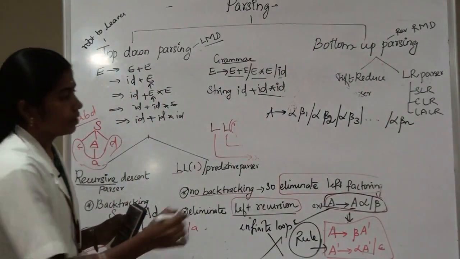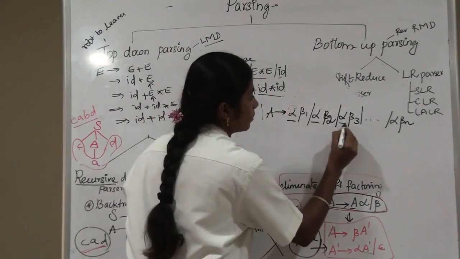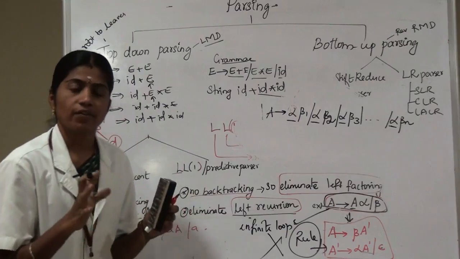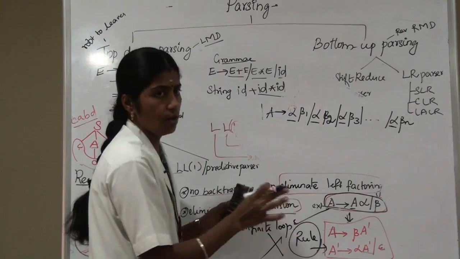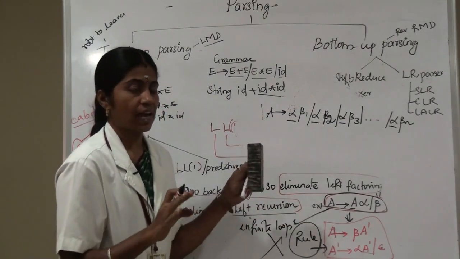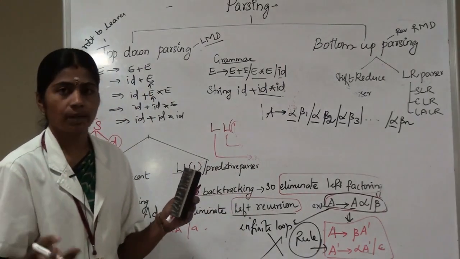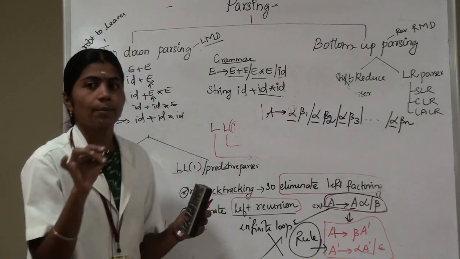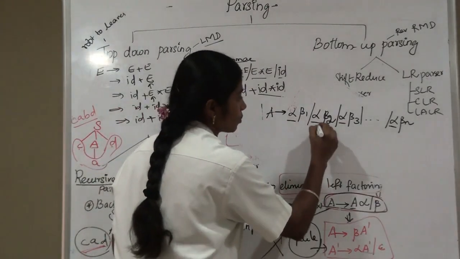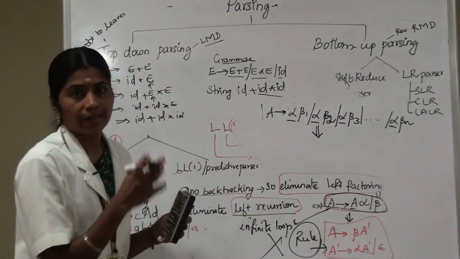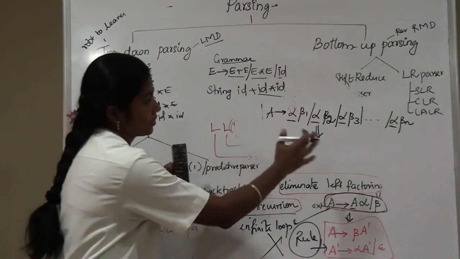If your production is of this format, you have common terms in the alternative productions, given as alpha. As I have already told you, alpha and beta can be any combination: a terminal, a non-terminal, or even epsilon. But whatever is given in a capital letter should be a single non-terminal, right? If your production is of this format, you have to transform it in such a way that there are no such choices available.